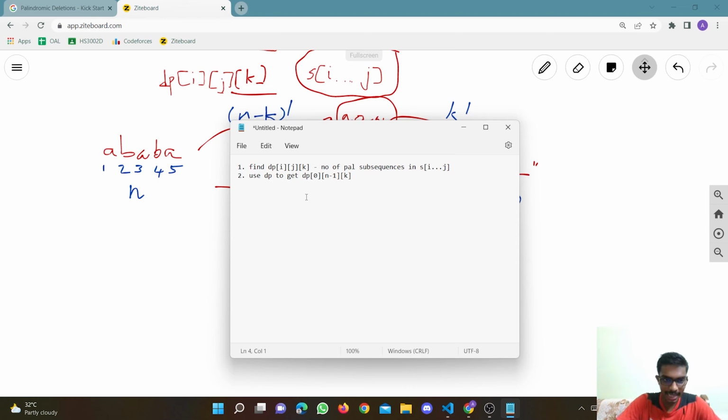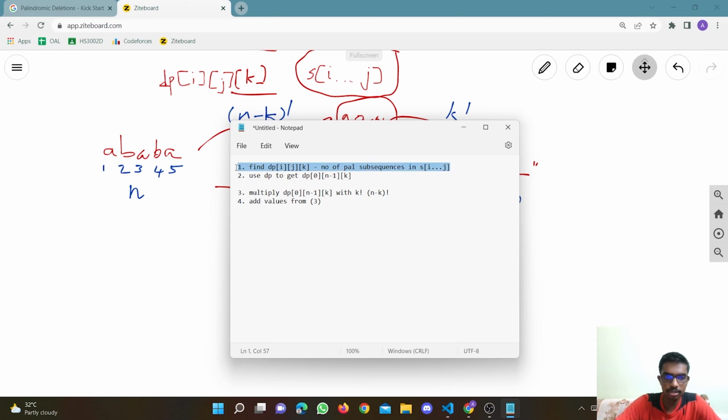Now for each k length palindromic subsequence, you have to multiply dp of 0, n minus 1, k with k factorial times n minus k whole factorial, because each string will be encountered that many times in a brute force process. And now add the values for all k. This kind of summarizes the approach that we have to do, right? So initially this is the dp state we're defining, then we have to do some dynamic programming to get this value, and then multiply this value with this and add over all k going from 0 to n minus 1, right? This is the approach that we have to do.